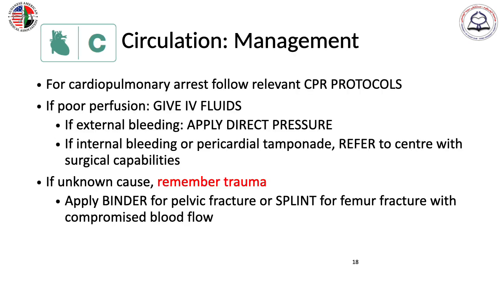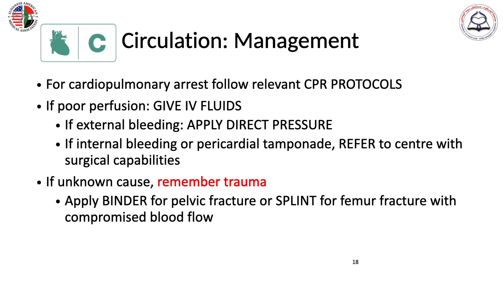For cardiopulmonary arrest, just follow the protocol for CPR. If poor perfusion, start with giving IV fluid boluses. If external bleeding is apparent and clear, try to apply pressure. If internal bleeding suspected, like pericardial tamponade, refer patient for center where they can do pericardiocentesis.